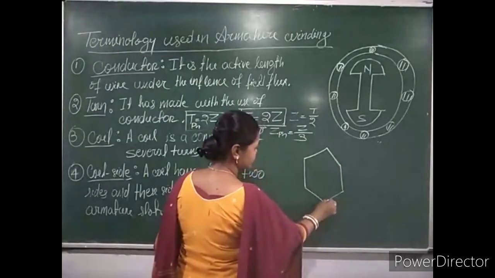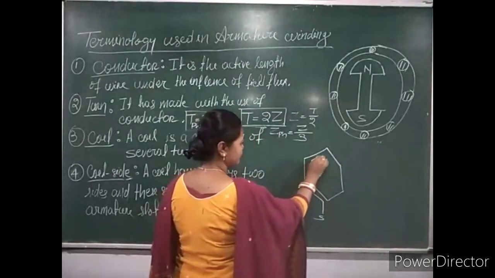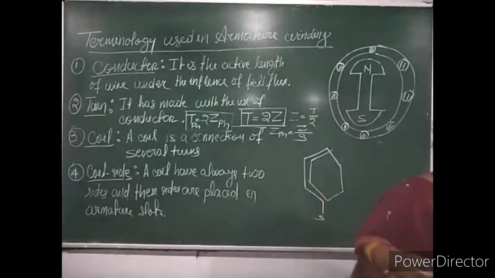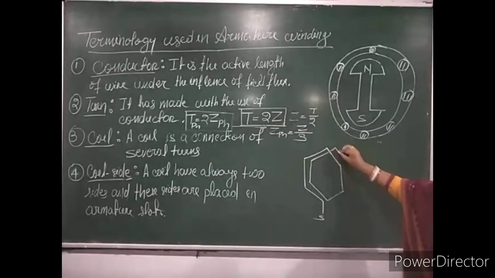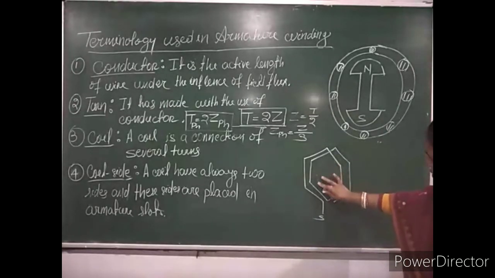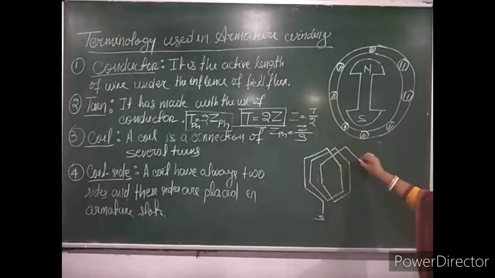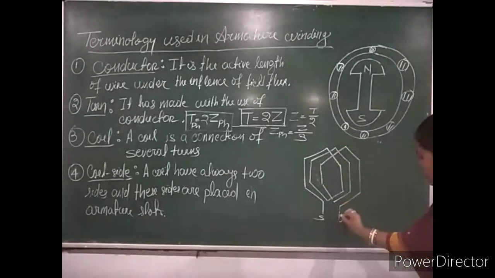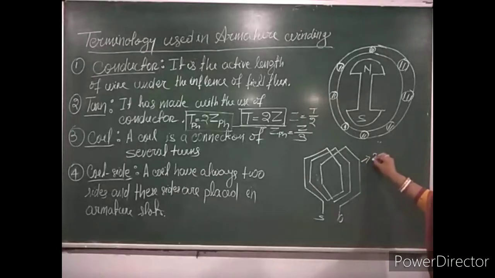It makes one turn, then this is the second turn, then this one is the third turn. So you may say that it is a 3-turn coil. Similarly, for n turns, it is called a multiple turn coil.